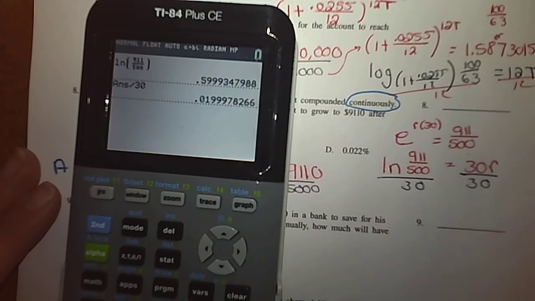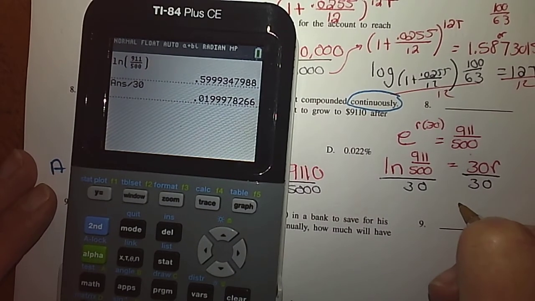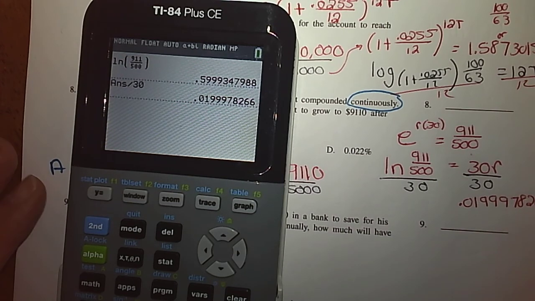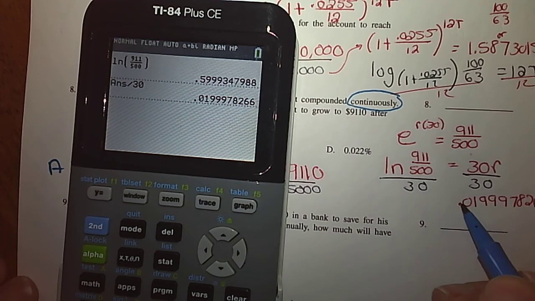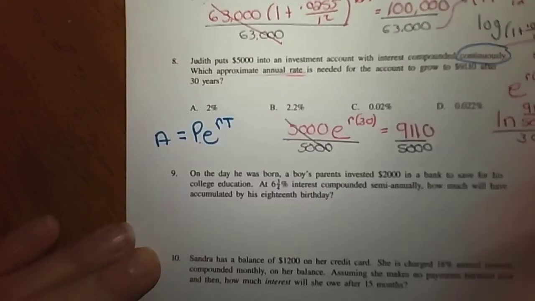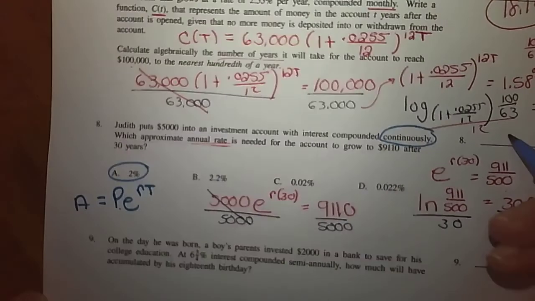Let me write that down so you understand. I have 0.01999788266. To get a percent, we move the decimal point twice, so it's 1.9999%, and that is the same as 2%.